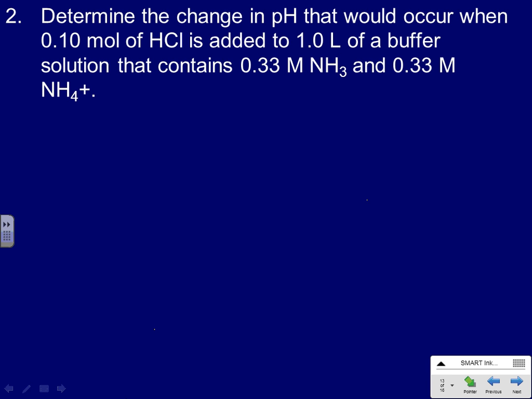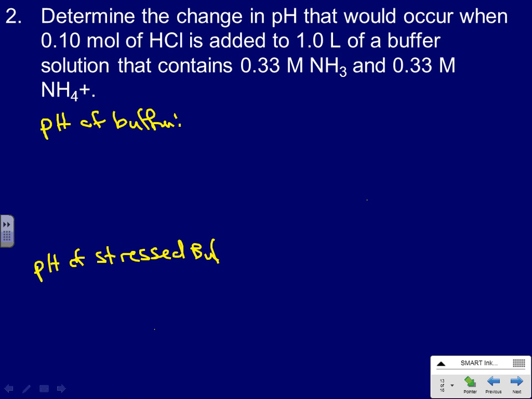I need the pH of the buffer alone, and then I need the pH of the stressed buffer after adding the HCl. So let's first get the pH of the buffer, and then in the end we will get the pH of the stressed buffer. The stressed buffer is after the addition of the strong acid, the HCl.